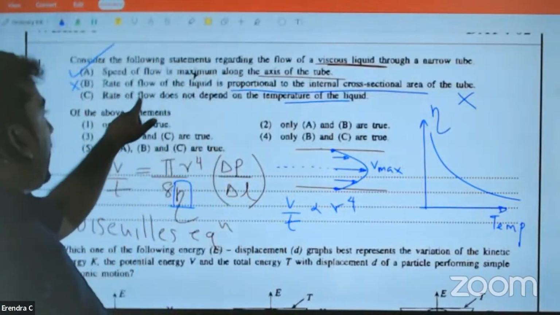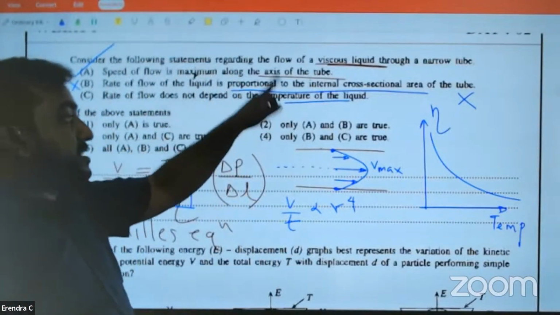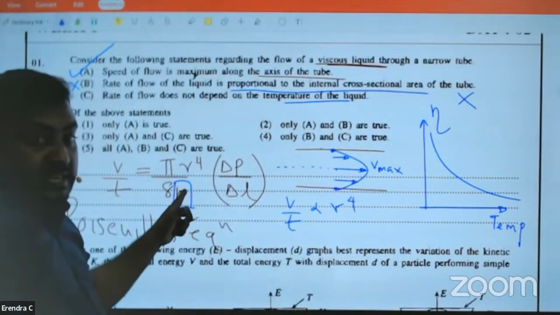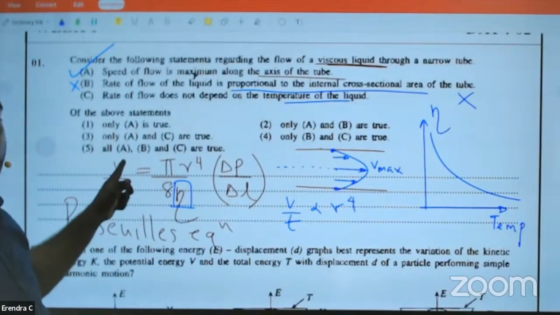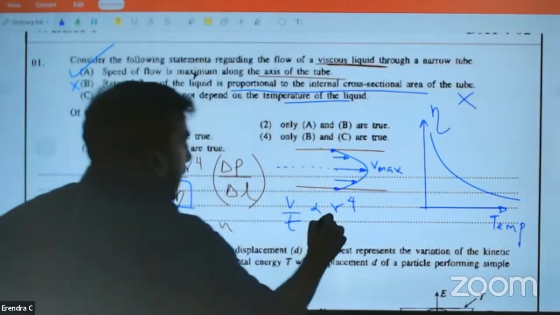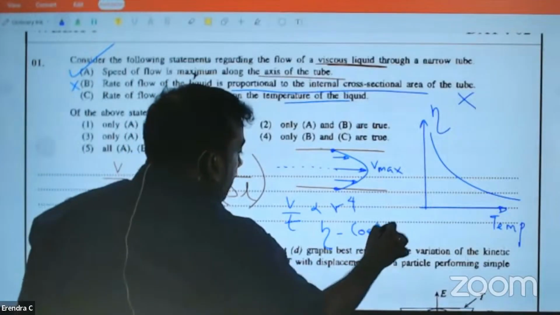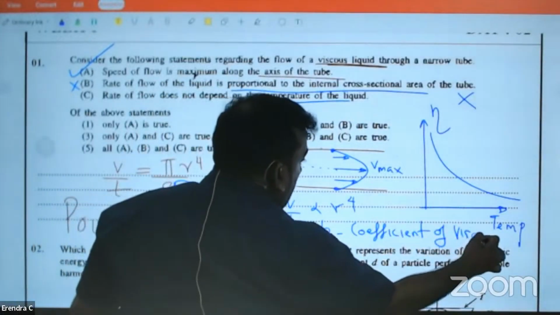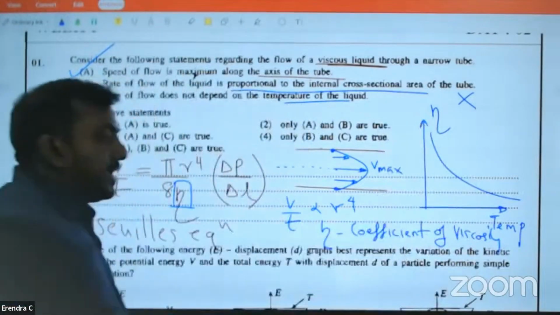So rate of flow does depend on temperature. When temperature changes, eta will change. When eta changes, volume flow rate will change. Eta is called the coefficient of viscosity. Clear?